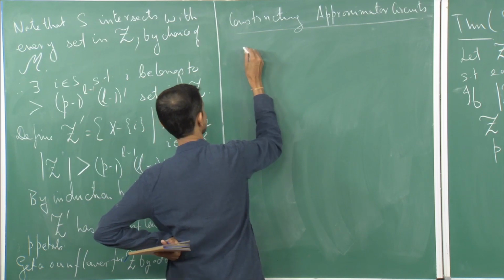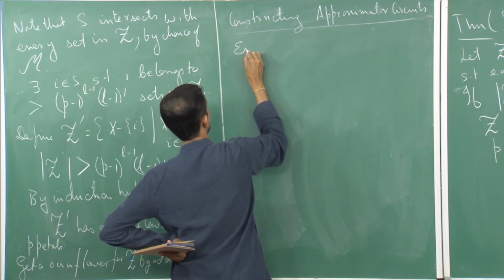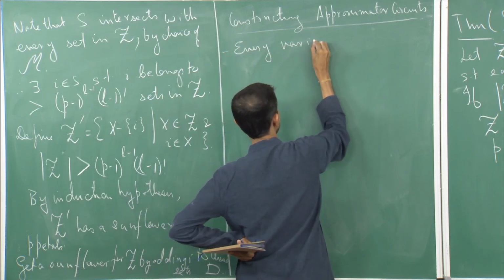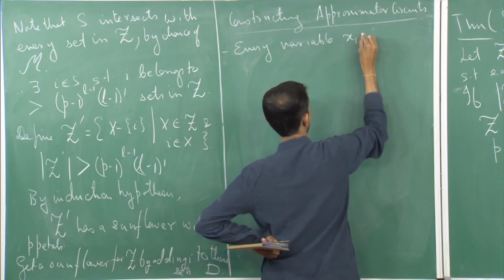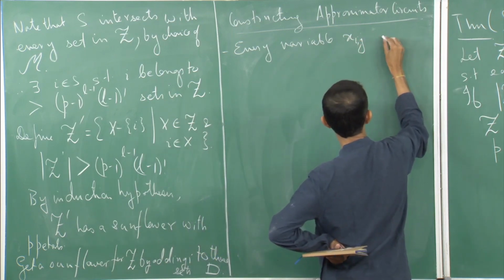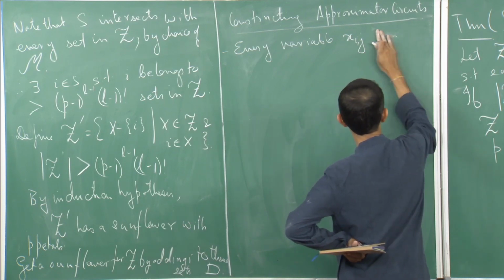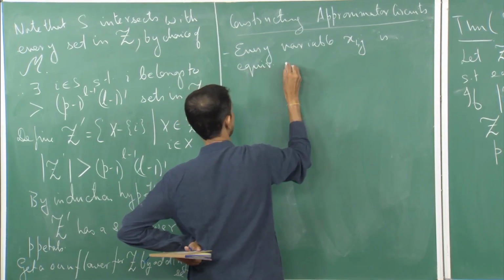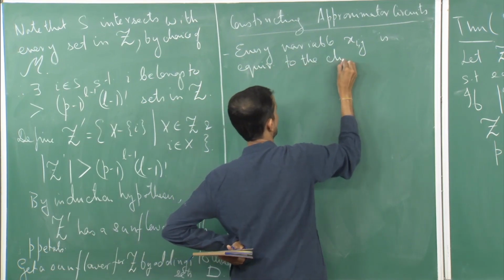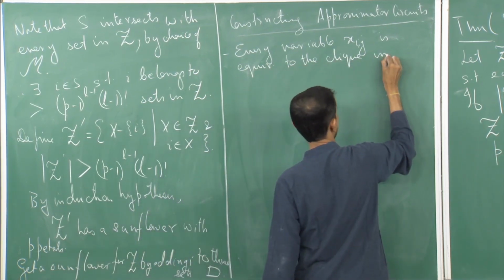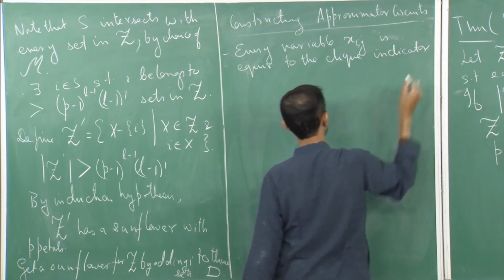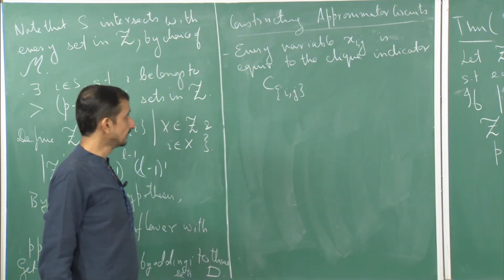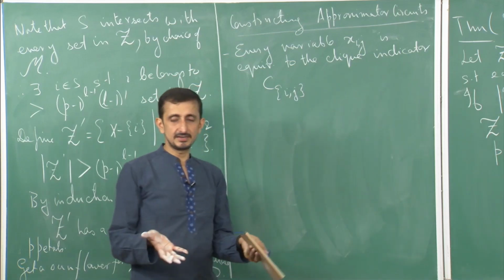Firstly, note that every variable xij is equivalent to the clique indicator Ci,j, because an edge is always a clique.